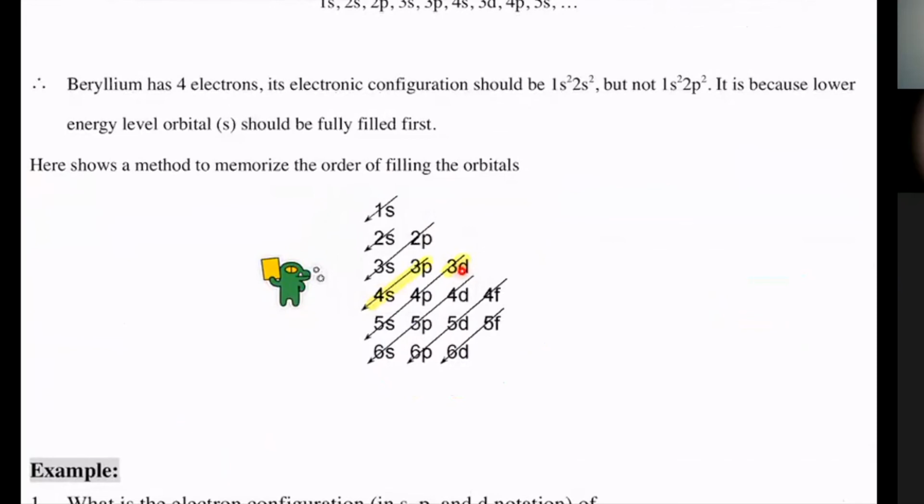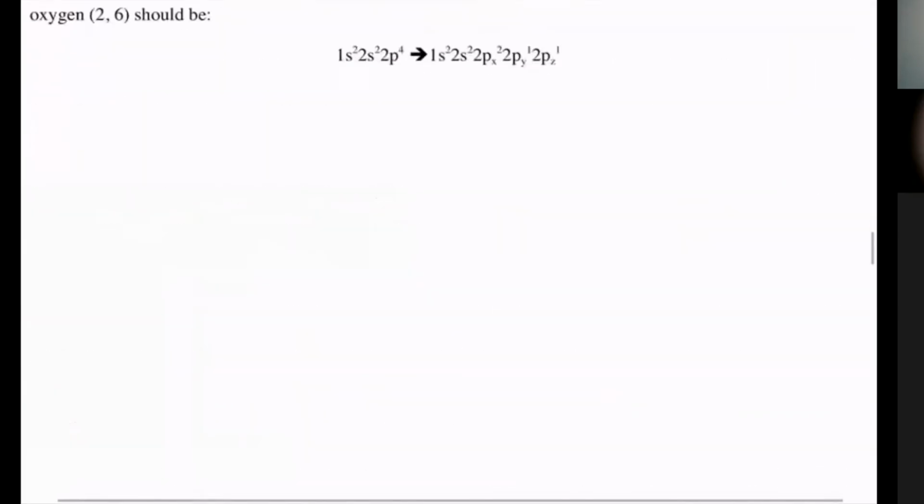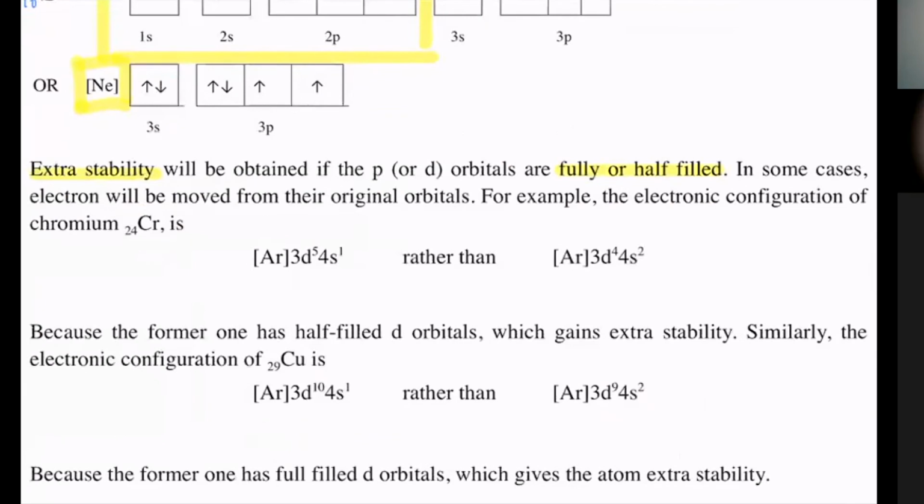Okay, so we're gonna remove one of the 3d to 4s to achieve that. So we're gonna remove one of the electrons from s to d. Okay, we got 5 orbitals in d.